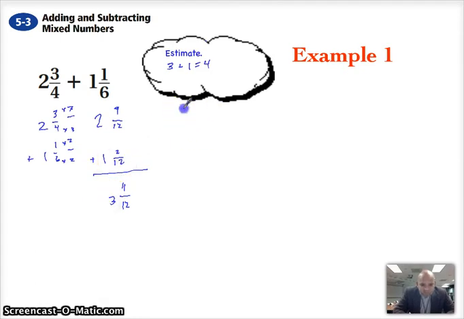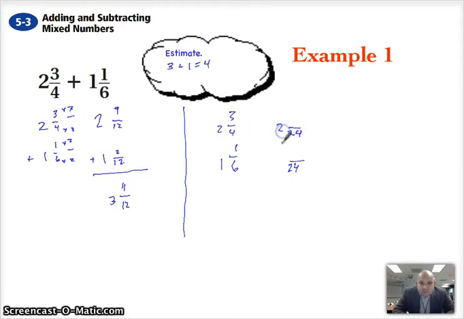Now, if I did go about this and I just found a multiple rather than the least common multiple, I would still get the same answer in the end. If instead of finding the least common multiple for 2 3/4 and 1 1/6, I merely multiply the denominators together to get 24 as a denominator, I would still get the same answer in the end.